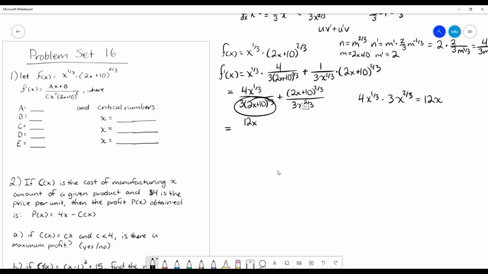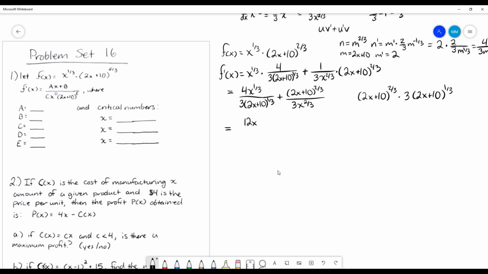And then I'm going to multiply this with this. I'm going to erase this part real quick. And it's the same deal. So it's 2x plus 10 is our base there, to the power of 2/3, times 3 times 2x plus 10 to the 1/3. Remember, this is the only part that's to the 1/3.